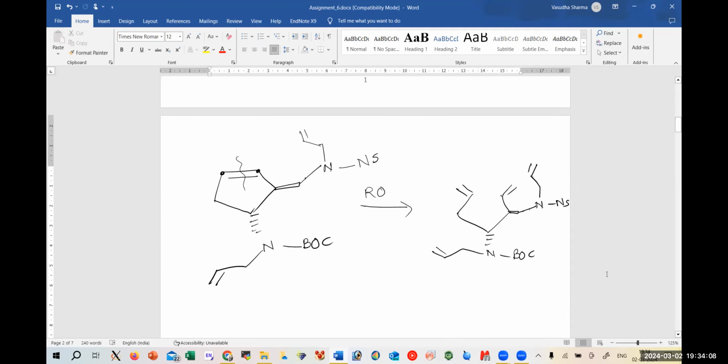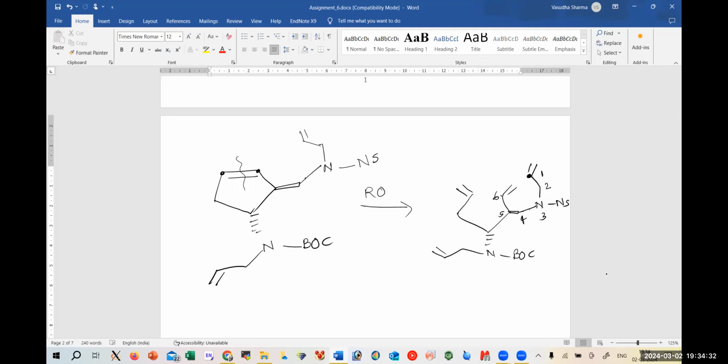Now we have different choices to combine this ring or to combine this ring to give us a product. So what will happen? Whichever the rings are very close, because these two can't combine with each other. We have already opened it, it's a strained one. If you just check, this is 1, 2, 3, 4, 5, and 6.